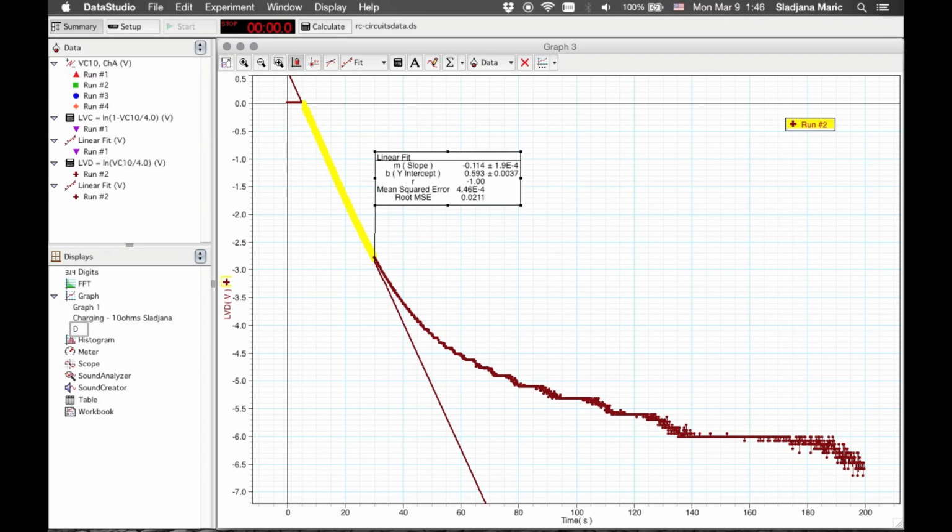So this is discharging through a 10 ohms, and then write your name and your partner's name, and then print for each member of your group one copy of the graph. Now follow the steps in your laboratory manual to complete the further calculations.